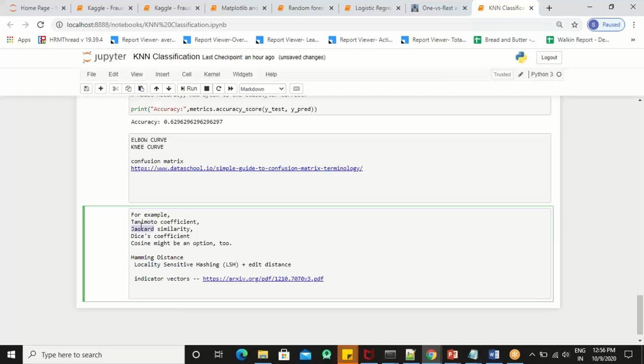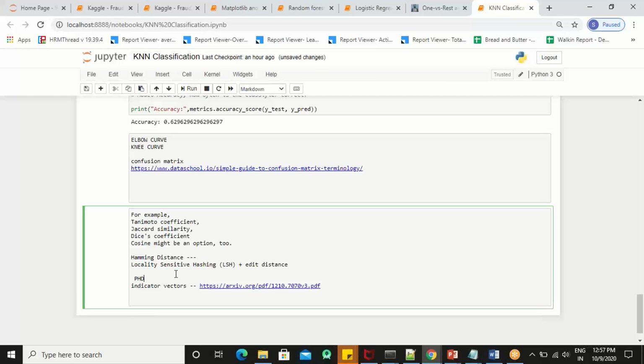So you have Tanimoto distance, Jaccard similarity, Dice coefficient, and cosine similarity. The most important ones are Jaccard similarity and cosine similarity. And then Hamming distance is also there, but Hamming distance has its own certain limitations. And then locality sensitive hashing, LSH, and indicator vectors.